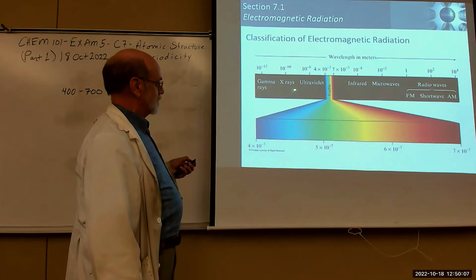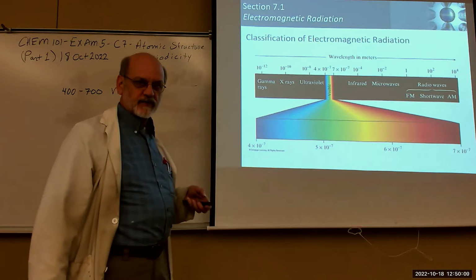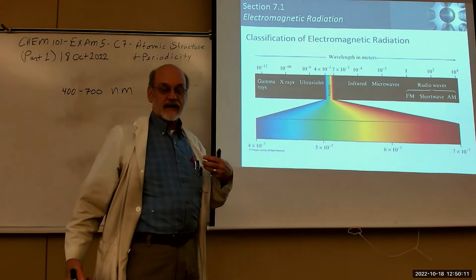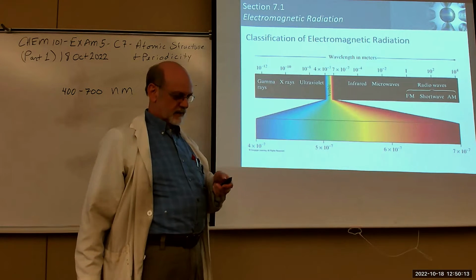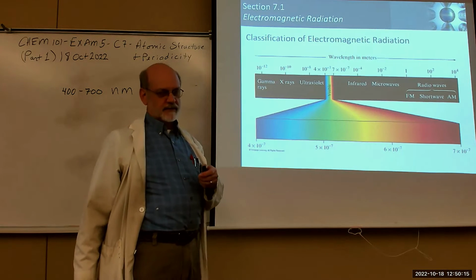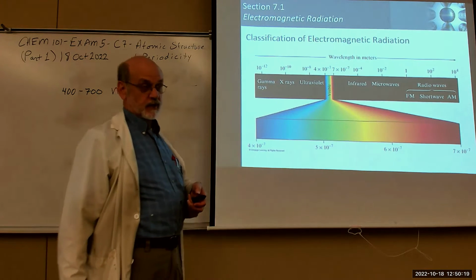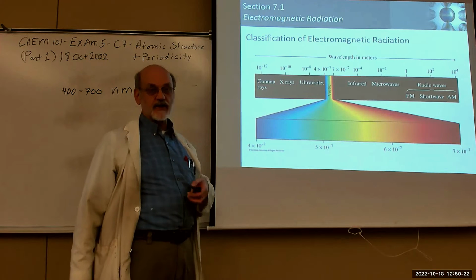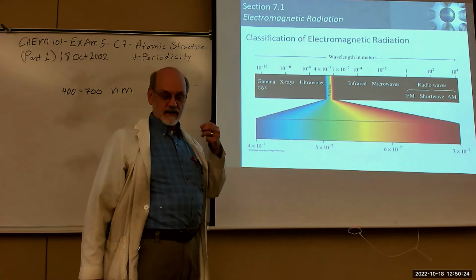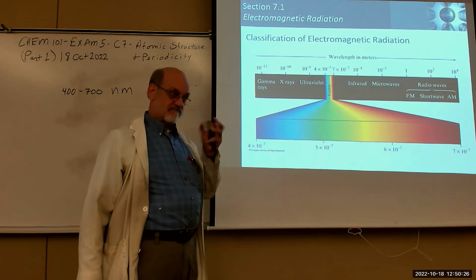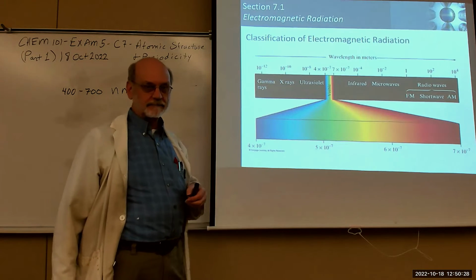X-rays are even higher energy, and they can penetrate through our bodies, and they're often used for non-invasive diagnostics. They can see broken bones. They're good enough now. CT scans, computer-aided tomography, X-rays, can see structures in your body.